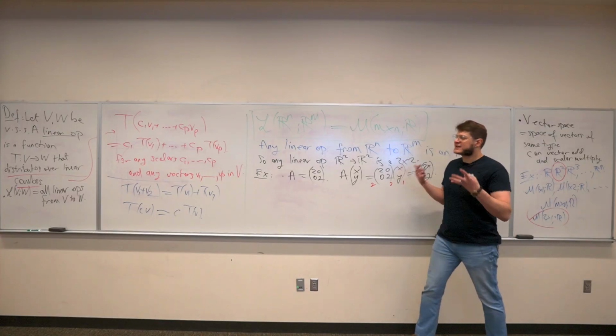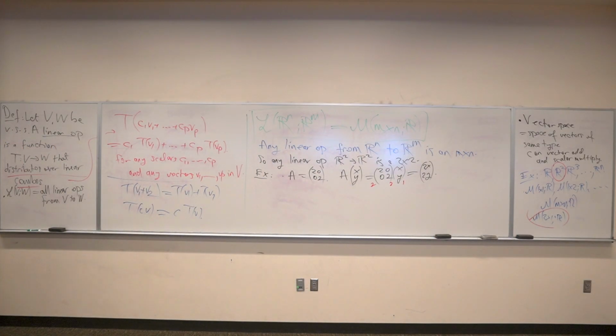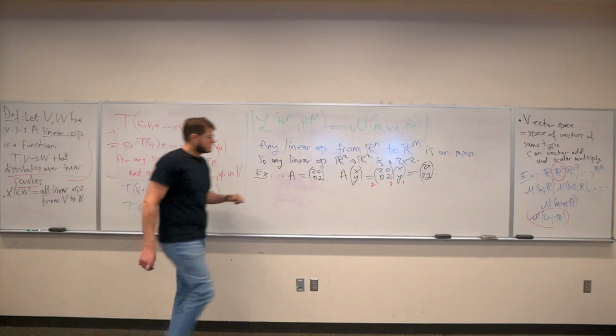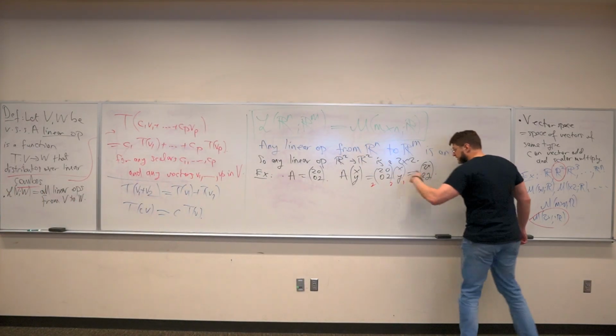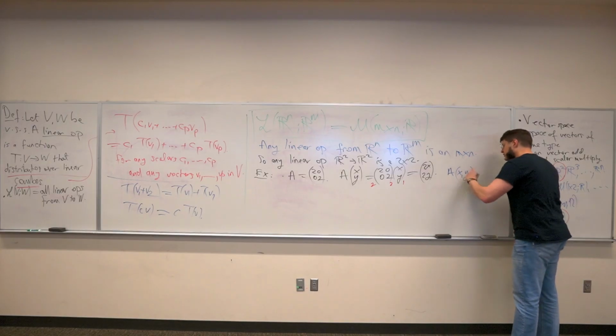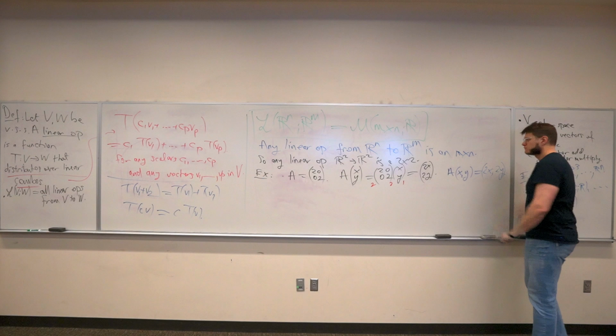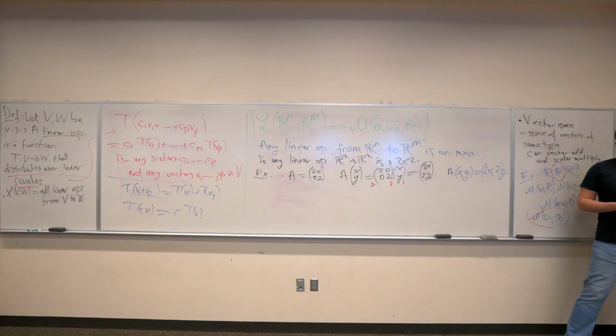If you want to use a more multivariable calculus type notation, instead of [x; y] as a column matrix, you can use (x, y) and use a function notation type of thing. I'll write that as well. It's the same thing. So instead of writing this, you can write A applied to (x, y) equals (2x, 2y). You can write it like so as well. It's the same thing.